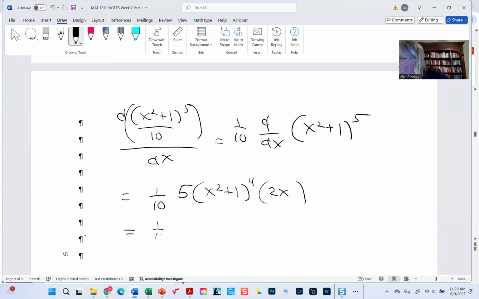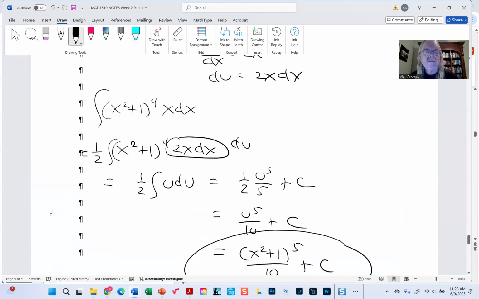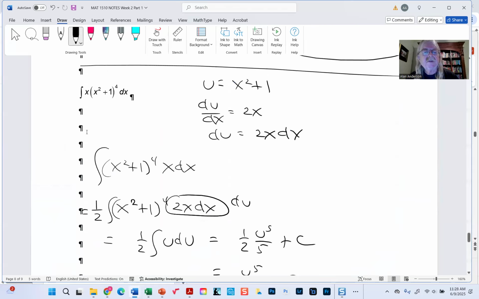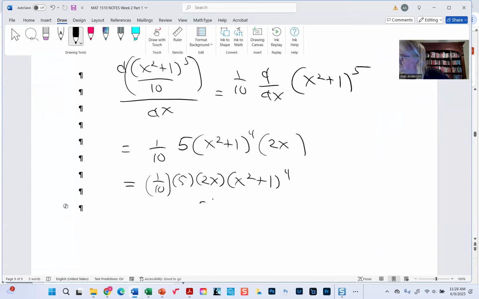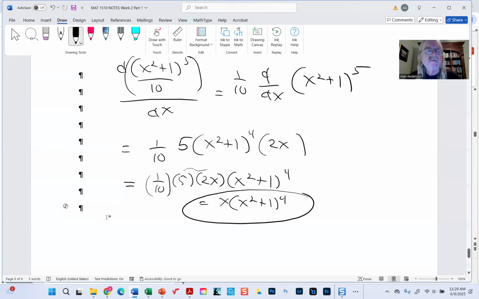We have 1/10, 5. And so we end up with x times (x squared plus 1) to the 4th. Okay. In other words, I've got a 10 here and I've got a 10 here, so it's just (x squared plus 1) to the 4th. And in fact, this is what we started out with. So we must have done it correctly. All right.